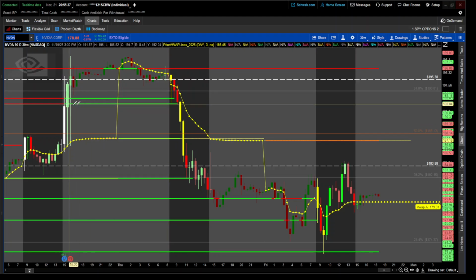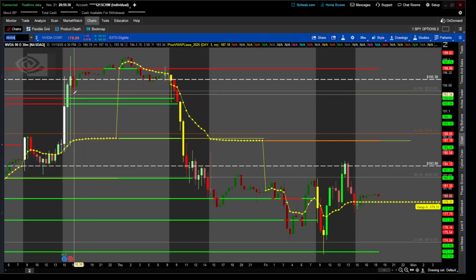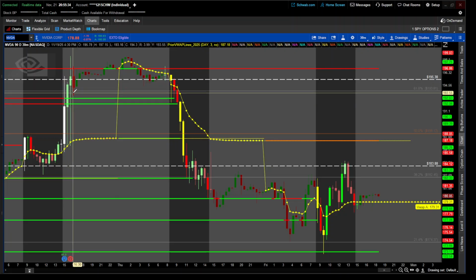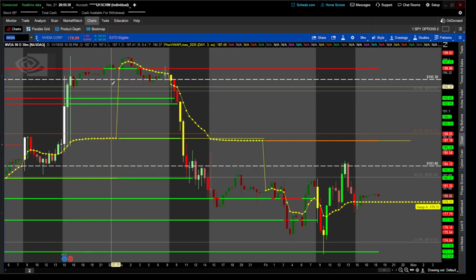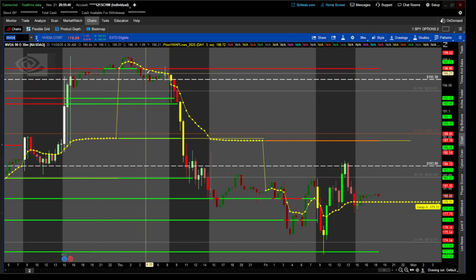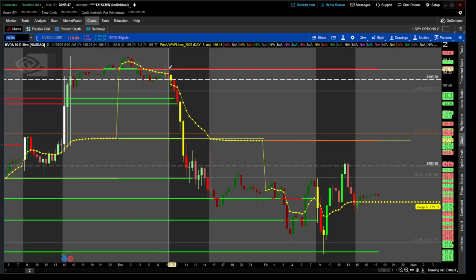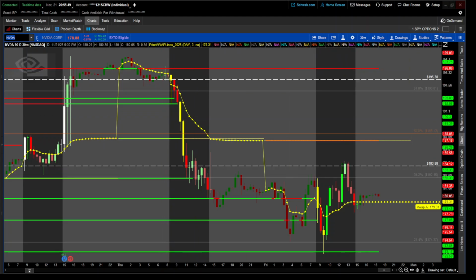Again, if it crosses below or above it during the after hours or pre-market session, it doesn't mean anything to me. These lines will also change color depending on whether price is above or below. When price was above it, it was green to show support, and when it was below it, it was red to show resistance.